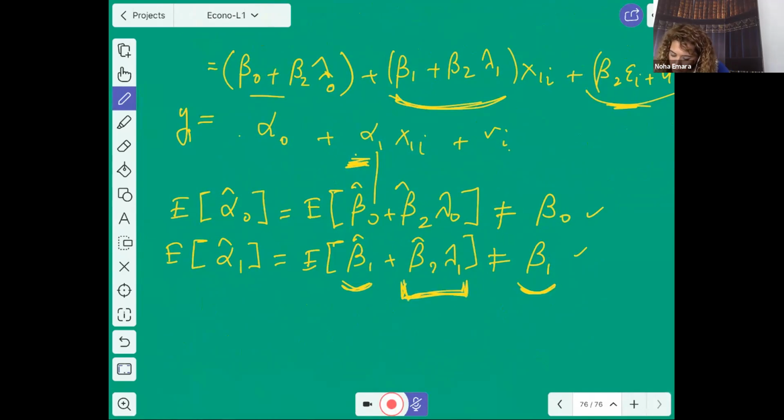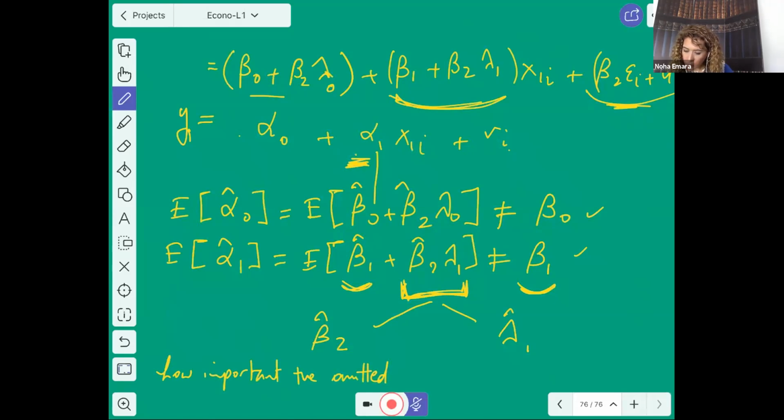This one is made out of beta hat 2 and lambda hat 1. The beta hat 2 is actually coming from the main equation of the y. So it reflects how important the omitted variable, which is in our case x2, is to the dependent variable y, okay?